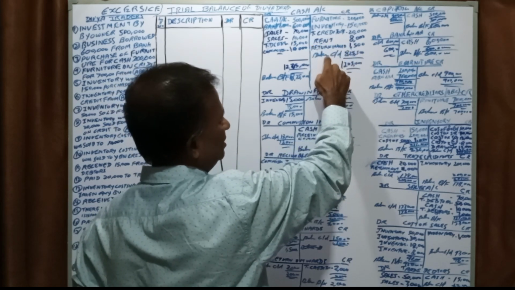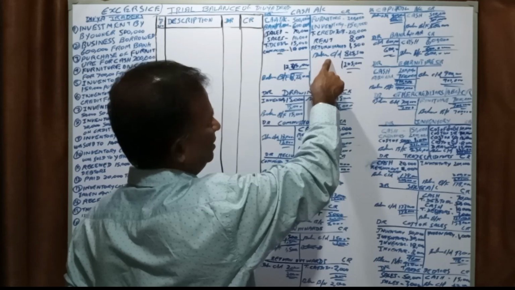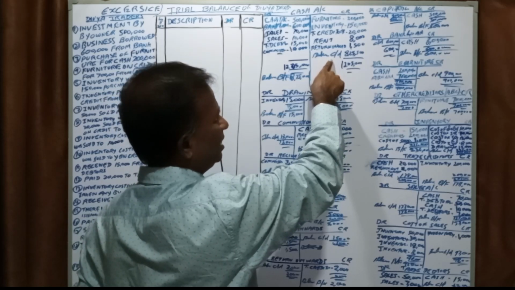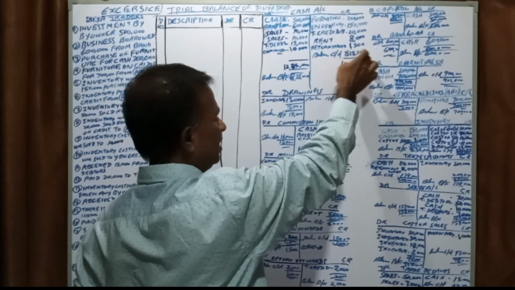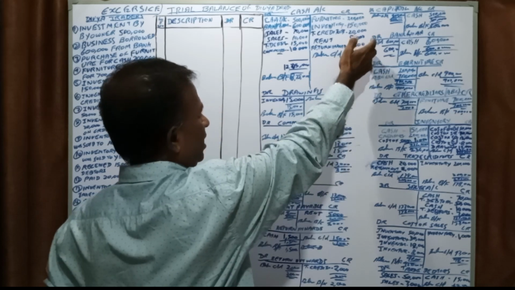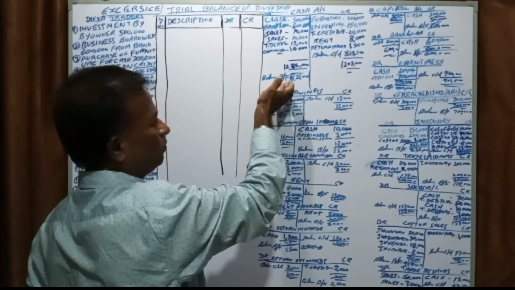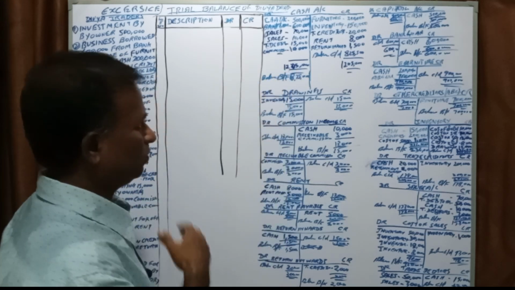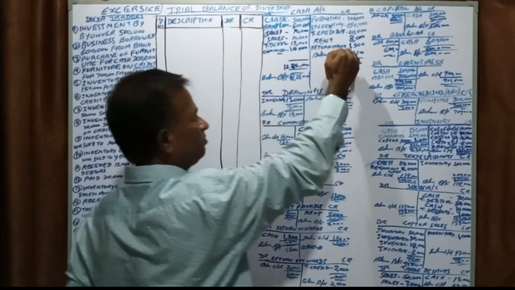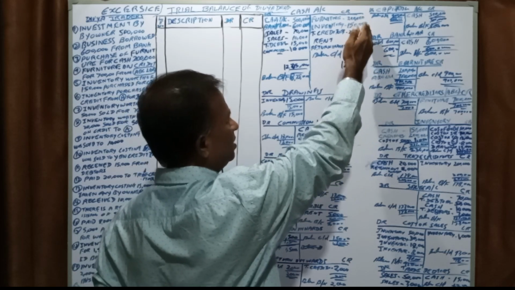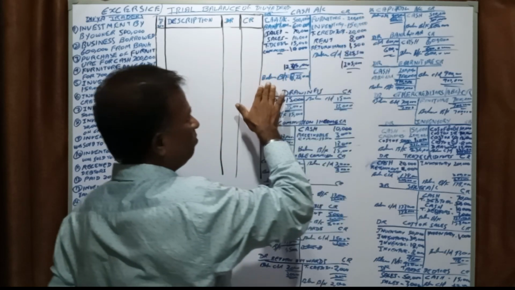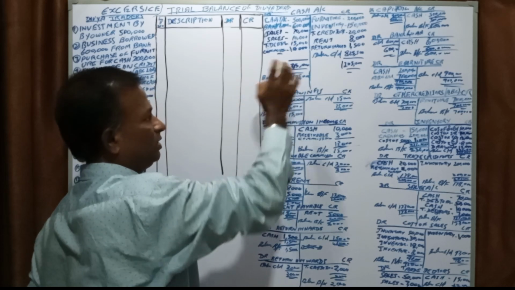Take the balancing figure as balance carried down. This balance will be brought to the other side as balance brought forward for the new year. This is the closing balance for that particular year, and the opening balance for the next period.